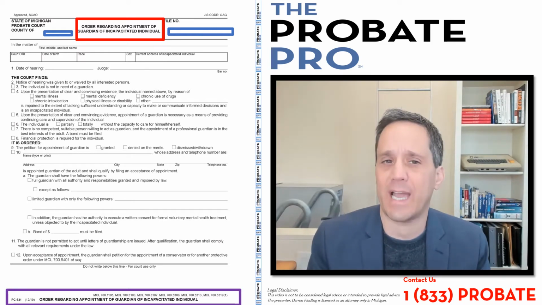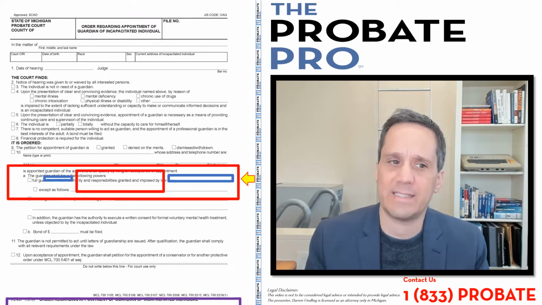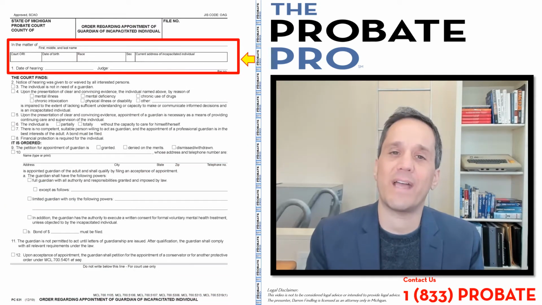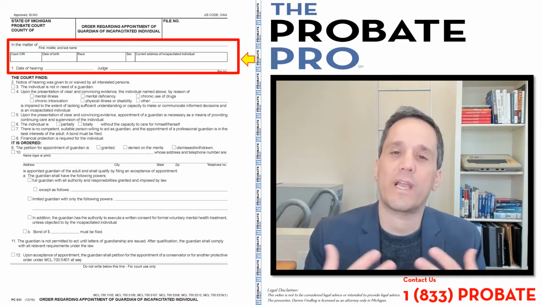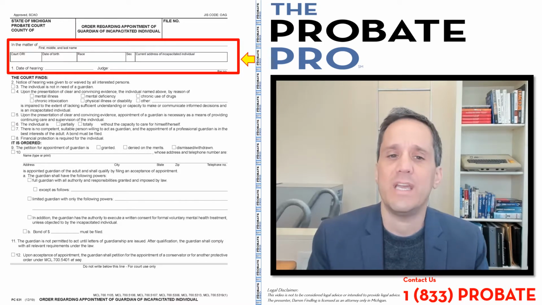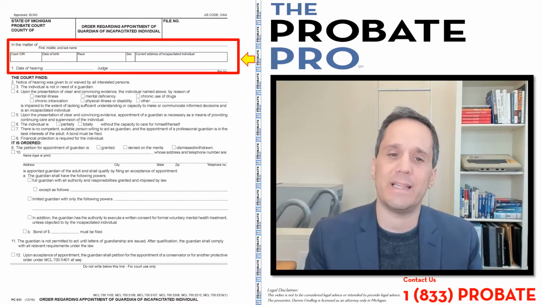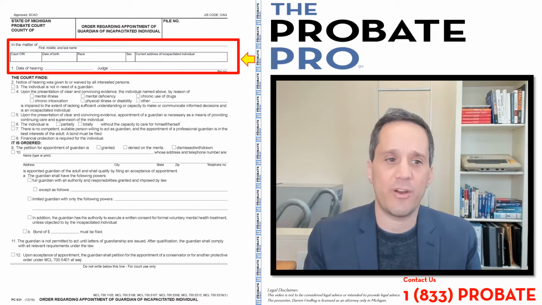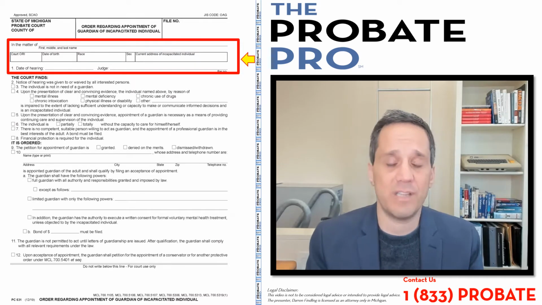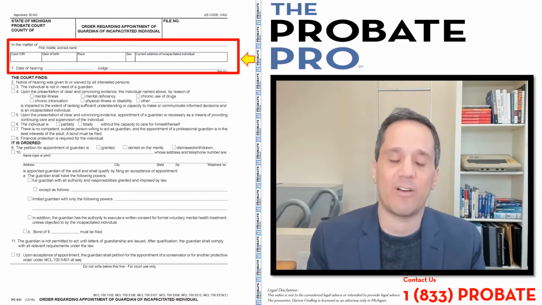Top left corner is the county. Top right corner is the case number. The top section identifies the name of the estate or the guardianship, the person who has been deemed to be a legally incapacitated individual. Their name is reflected there. Where it says ORI, Court ORI, that area is left blank.